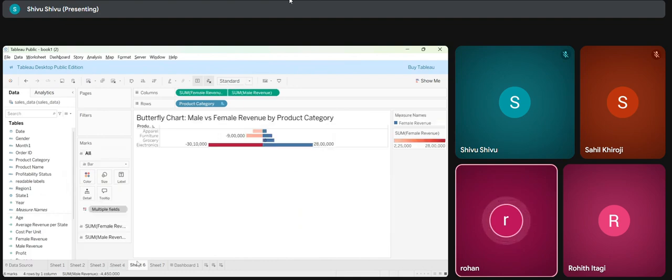Its purpose is to compare revenue from male versus female customers across different product categories like apparel, electronics, and grocery. For example, it looks like grocery brought in 28 lakh from one group, while electronics brought in 30 lakh 10,000 from the other. This chart is designed to help us spot differences in purchasing behavior between genders.